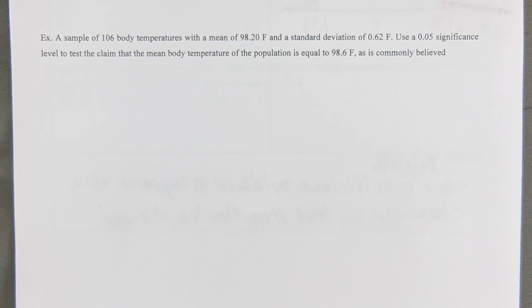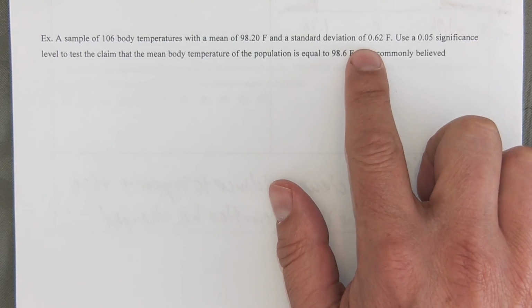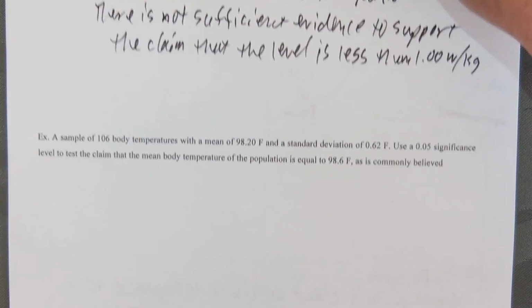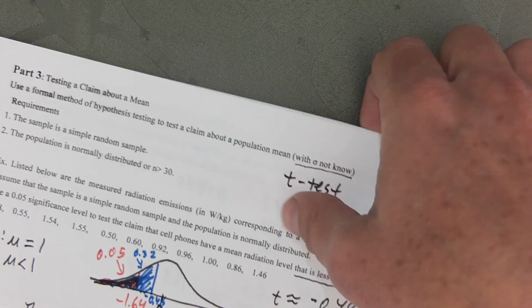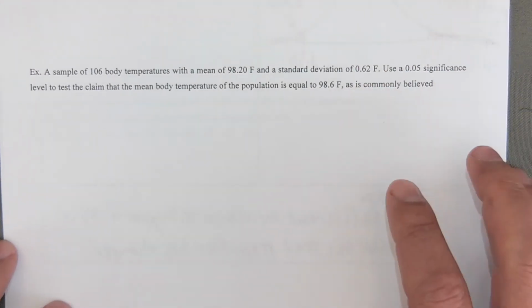Next up, we have a sample of 106 body temperatures with a mean of 98.2. So this is the sample. This is all sample stuff, including the standard deviation. Again, it can get confusing. You see standard deviation here, and then up here we say that the standard deviation is not known. Again, this is the population standard deviation. This is the sample standard deviation.